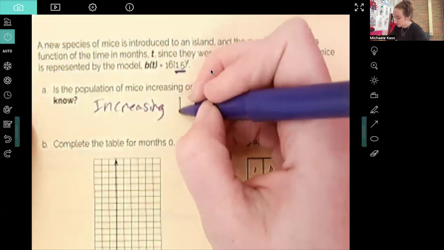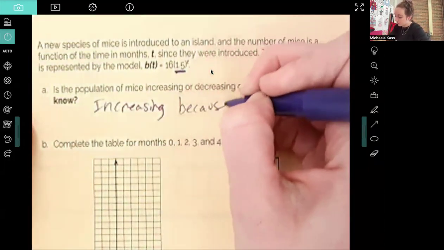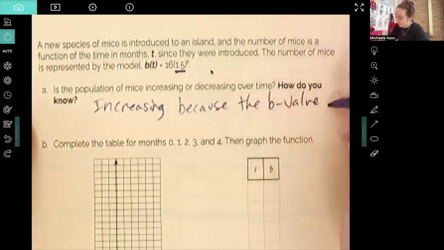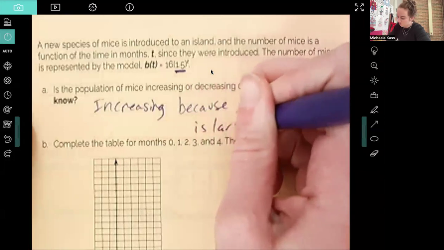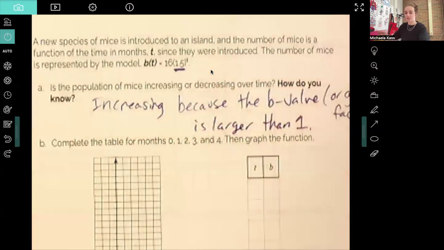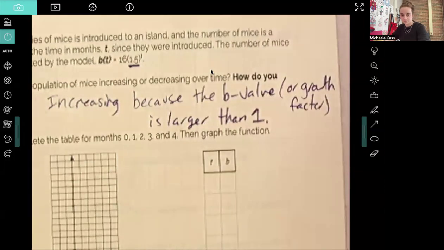It's because the B value or the growth factor is larger than 1. And that's good.